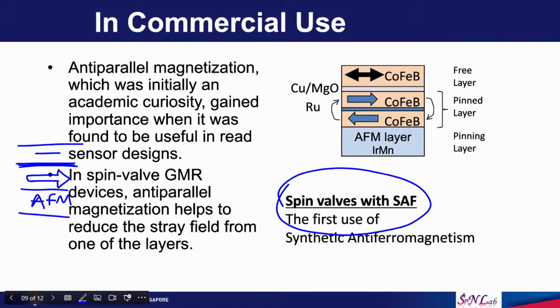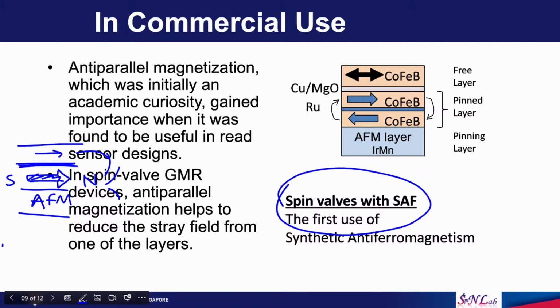Whenever I draw an arrow, you can imagine that this is like a magnet, so you are magnetizing a material in one particular direction. This is like a tiny magnet, and you know that magnets will generate a magnetic field. So, this layer will generate some magnetic field, and this magnetic field will influence the magnetization direction of the free layer.